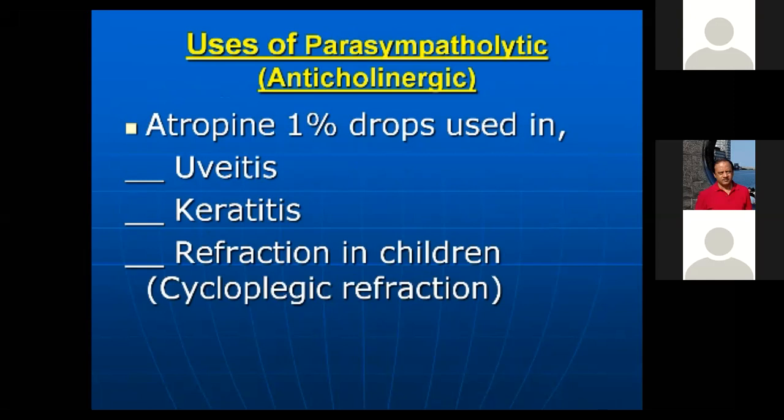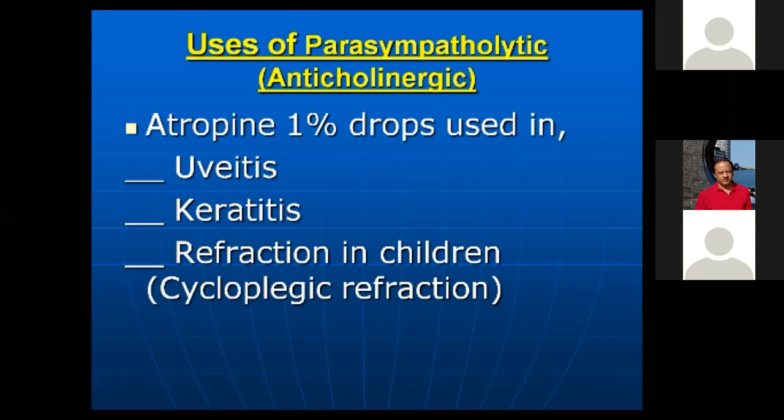Now, atropine drops are widely used in eye diseases, some of these conditions are uveitis. You know what is uveitis? It is the inflammation of the uveal tract. The second important condition in which atropine is used is called keratitis. That is inflammation of the different layers of the cornea.